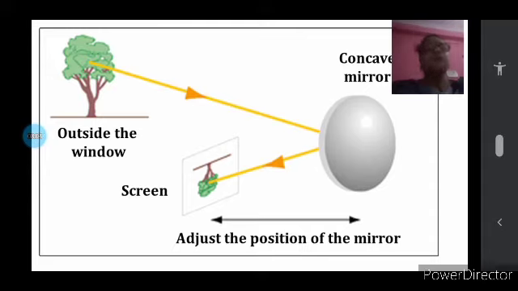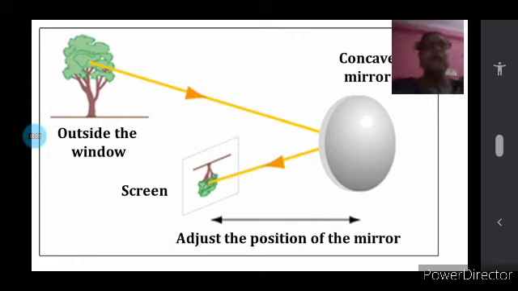So using a concave mirror, it is evident that we are able to get a real image, and three things are visible here. We are able to get it on a screen, it is a real image, and the image is inverted. The same thing happened when you were holding the spoon.